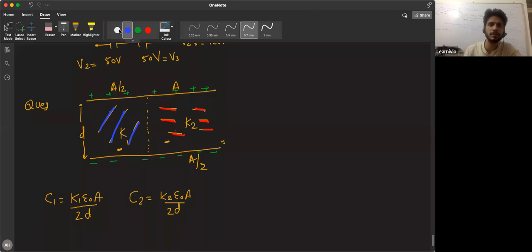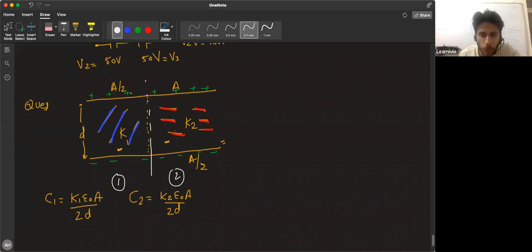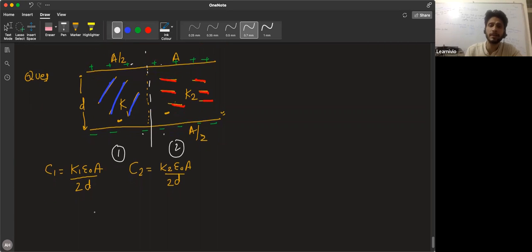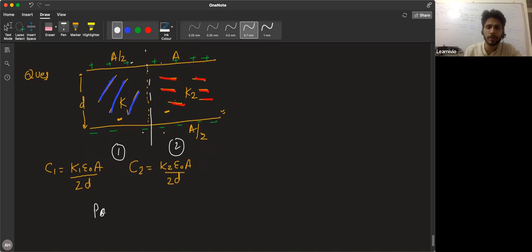This is the first capacitor and this is the second capacitor. The positive plate of one capacitor is connected to the positive plate of another. Negative plate of one is connected to the negative plate of another. So if positive and positive are connected and negative and negative are connected, the given capacitors are connected in parallel.